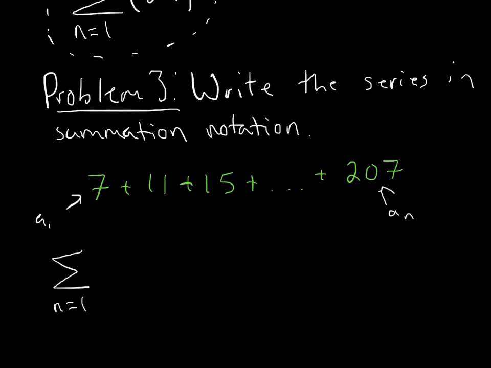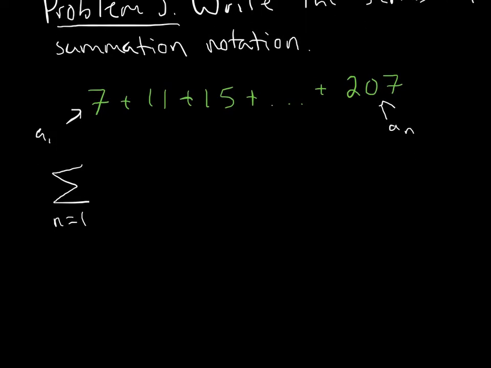And then we need to find the explicit formula. Let's find the upper limit first. Remember the formula that I gave you guys: n is equal to the last term minus the first term divided by the common difference, and then we add 1 to it.